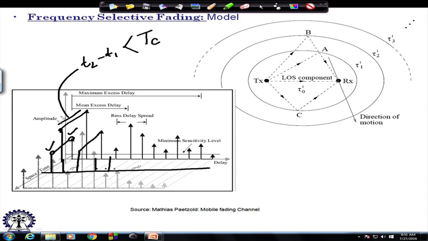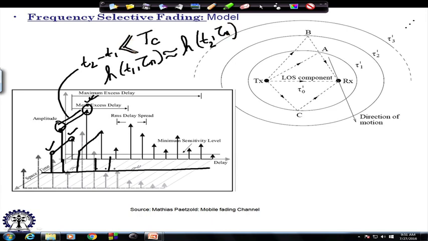That is h of t1 comma tau n, I write in general, is almost equal to h of t2 comma tau n. Whereas, if this distance in time is much greater than coherence time, these values would be different.